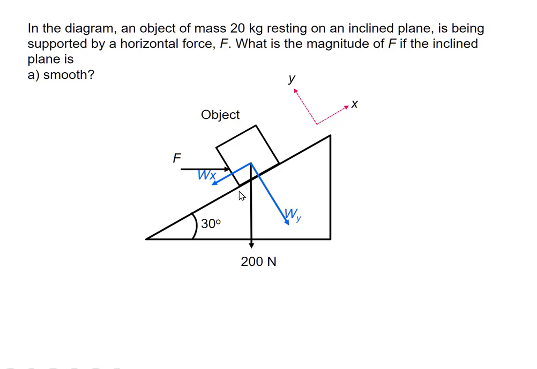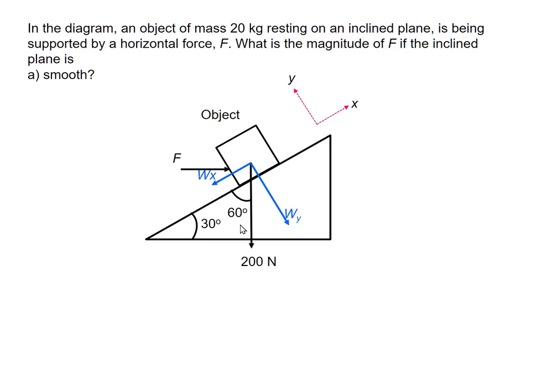Now, we will attempt to find this angle. So this angle, by looking at this right angle triangle, we'll know that this angle will then be 60 degrees because this is a right angle triangle here. With that, let us focus on the particular forces that we want.